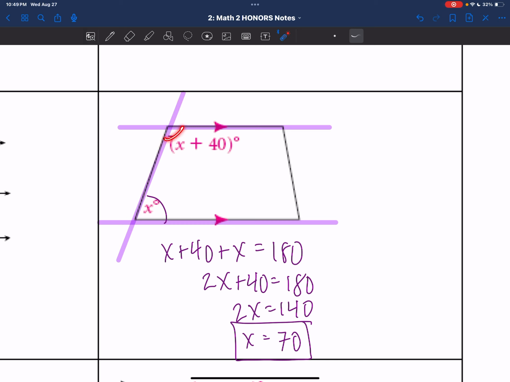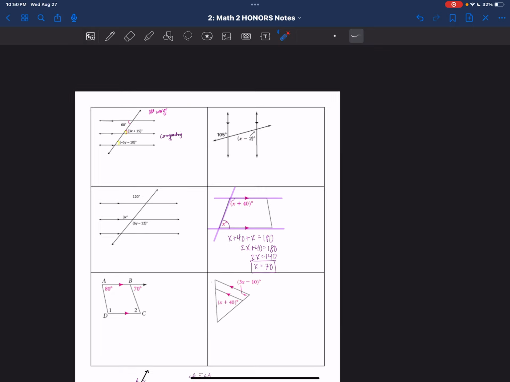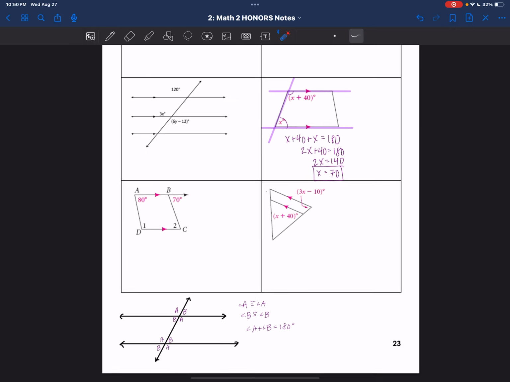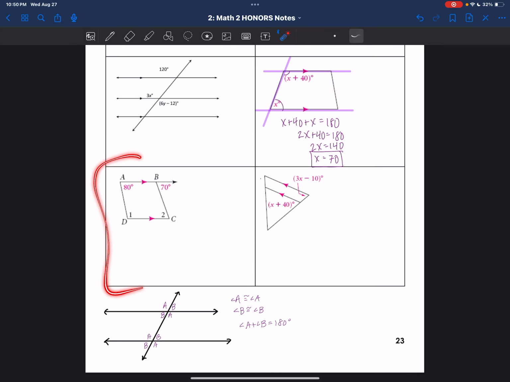And when we do that, we have two angles right there. So now if you notice, same side, and they're inside the parallel line, so we can say x plus 40 plus x equals 180 degrees. And that's going to, once you solve it, give you 70. So just look for those things, and I want you to go ahead and try these.